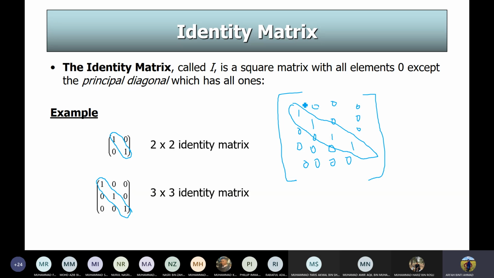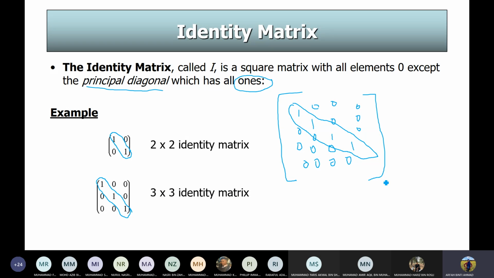Okay, with all elements of 0 except the principal diagonal, maksudnya diagonal of the matrix which has all ones. Akan ada nilai 1. So 1, 1, 1, 1. So ini adalah dia punya syarat untuk identity matrix. Dia boleh matrix 2x2, 3x3, 4x4, 5x5, 6x6, 7x7 sampailah 100x100 and so on. Square matrix. Matrix dalam segi 4 yang sama. Okay? Faham?